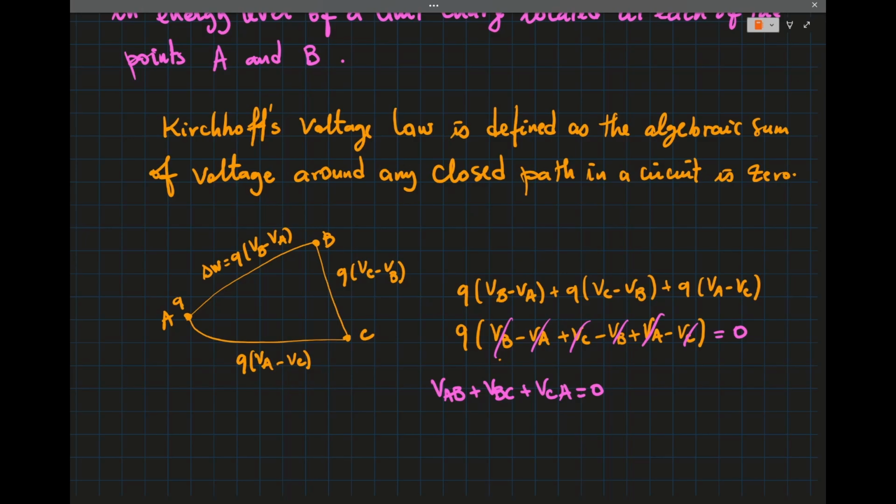So the Kirchhoff voltage law says that when we go around this path and come back, starting from node A and returning to node A, and sum the voltages along the path, we should get 0.